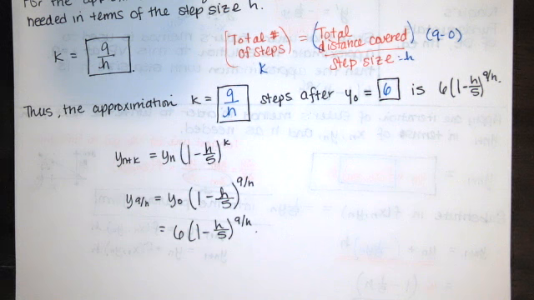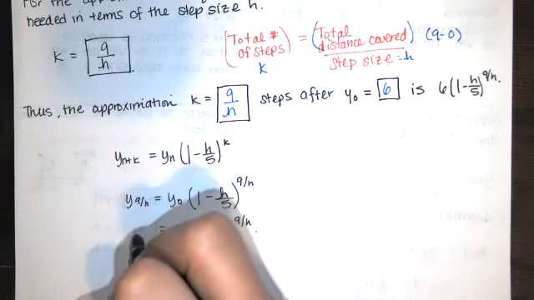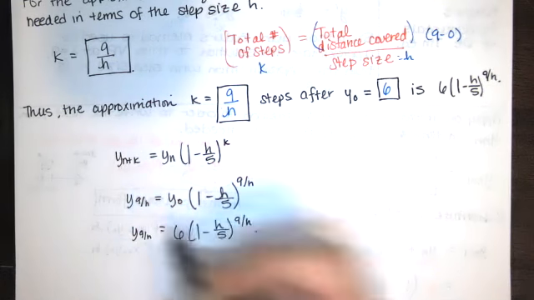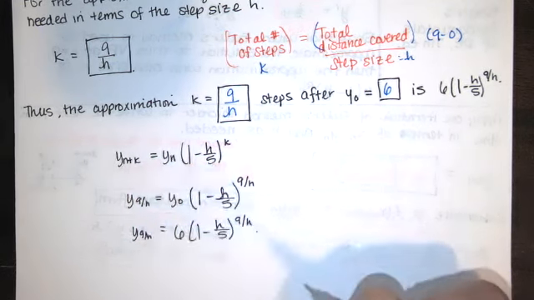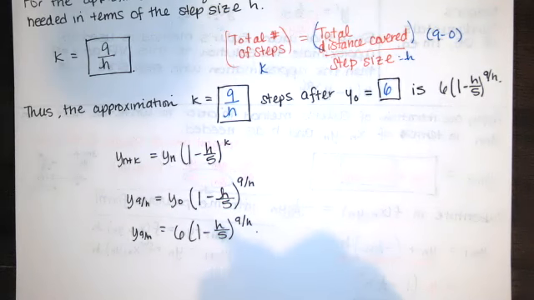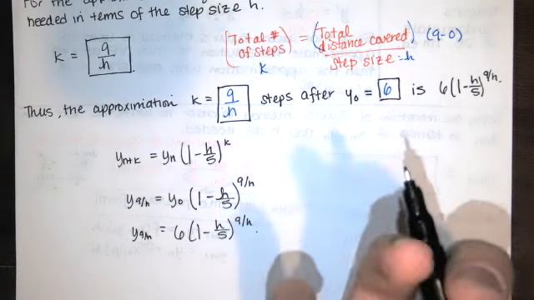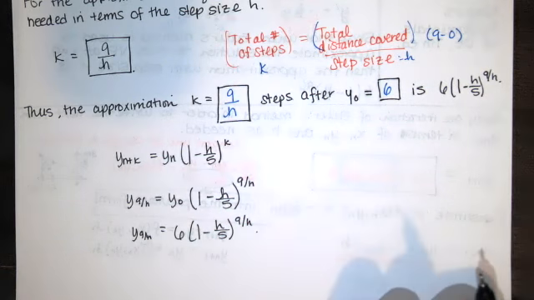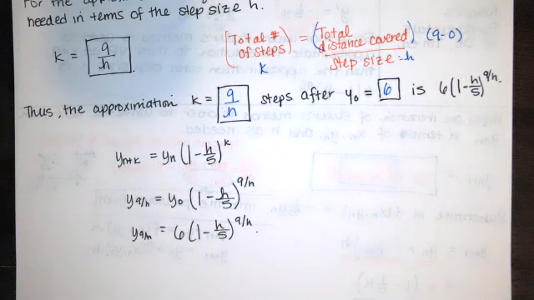If it was saving our fractions, we could just drag and drop in Excel. But I don't think Excel saves those fractions. I think it only saves a certain number of decimal places. But this is the formula that we could use to see what our approximation would be as that step size gets smaller and smaller. And we know that we tend to expect the approximation to the solution to get better as the step size gets smaller.